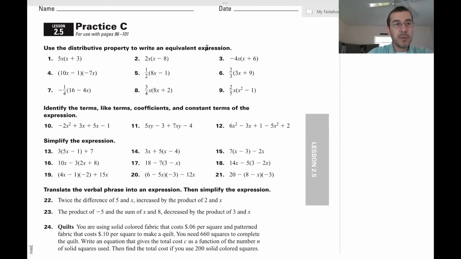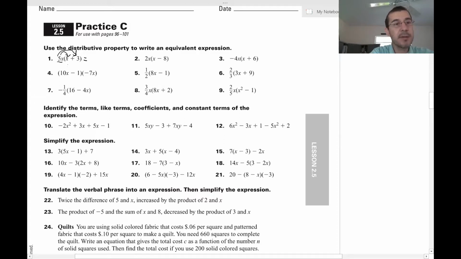So we have to apply the distributive property, and the way we do that is we multiply the term in front of the parentheses with each term inside the parentheses. So we do 5x multiplied by x, and then 5x multiplied by 3. What is 5x multiplied by x? Well, in front of x there is 1, right? 1x. We don't write the 1.